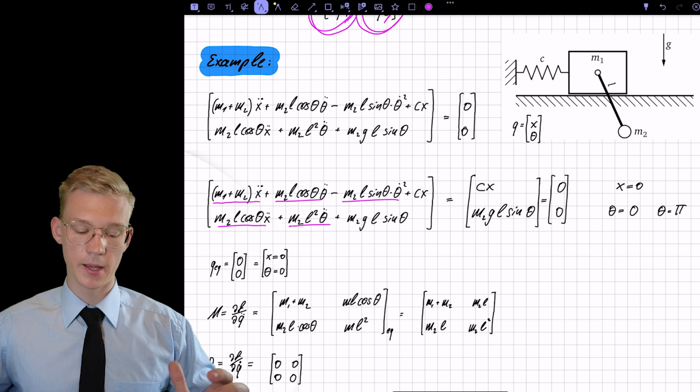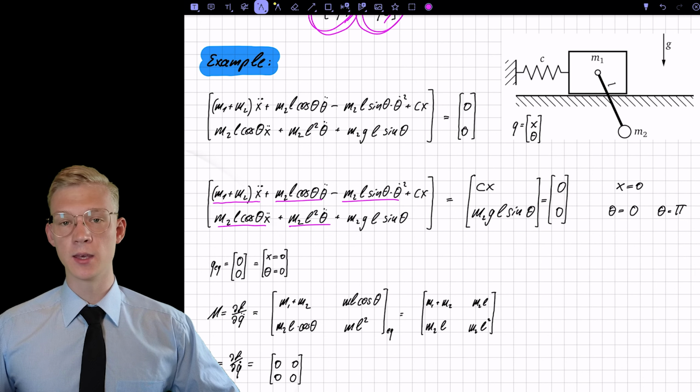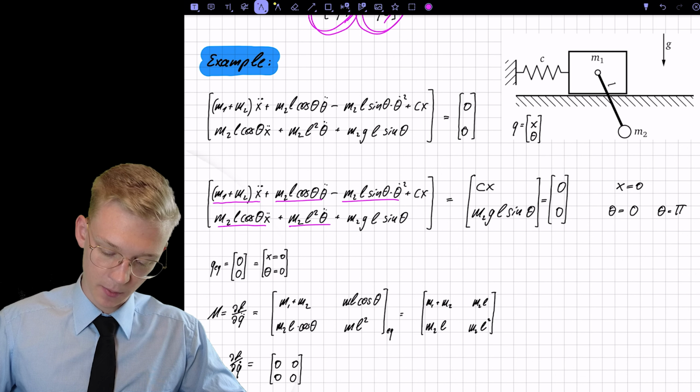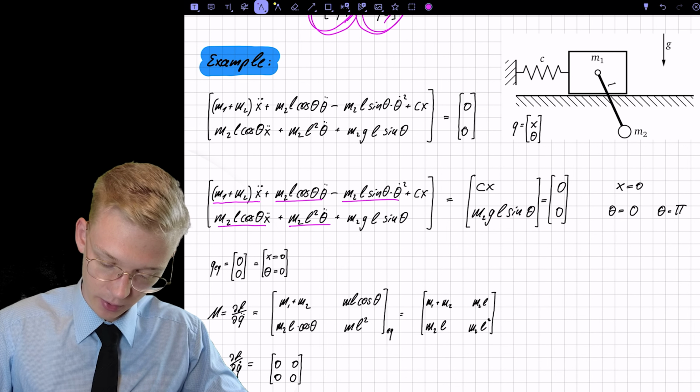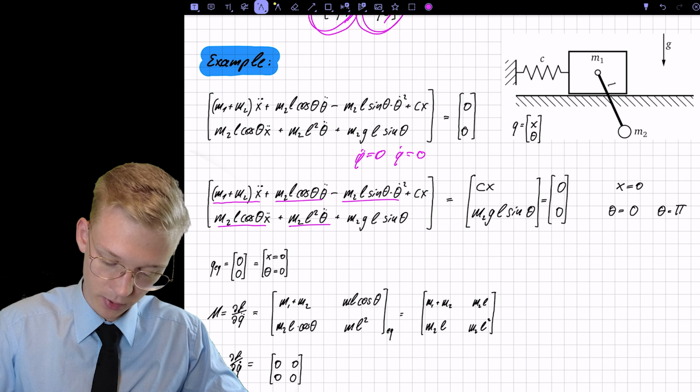So let's look at an example so it's easier to understand. Step number 1 is to get the equilibrium position. We do that by setting our q double dots to 0, q dots to 0, and q is our q equilibrium.